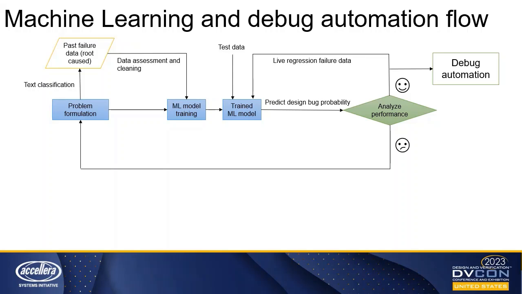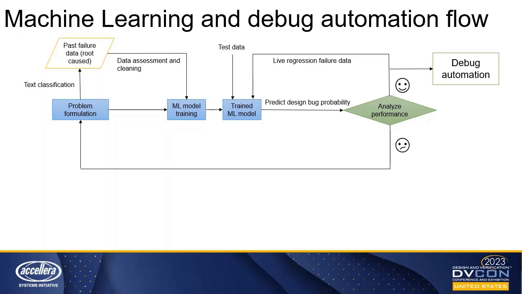After finalizing the hyperparameters, a test set is fed as input to the machine learning model and the classification performance is analyzed. Now, if the performance is not good enough, we revisit the steps of data collection, assessment, cleaning, and hyperparameter tuning of the machine learning model to improve the performance.